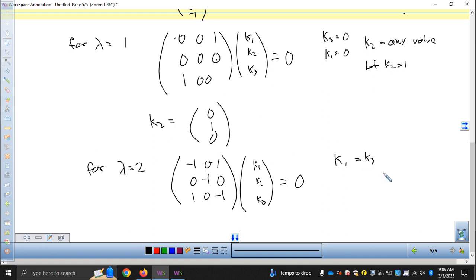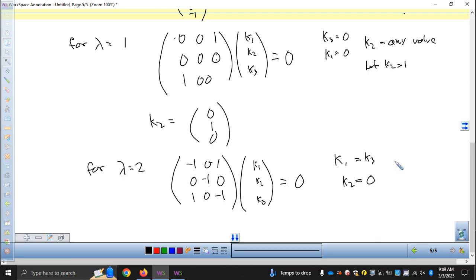And again, from this middle row, if I have 0 times whatever these are, minus 1 times k2, plus 0 times whatever this is, and that equals 0, k2 has to equal 0 from the middle row.